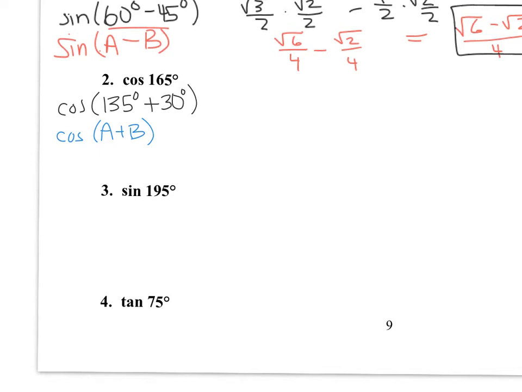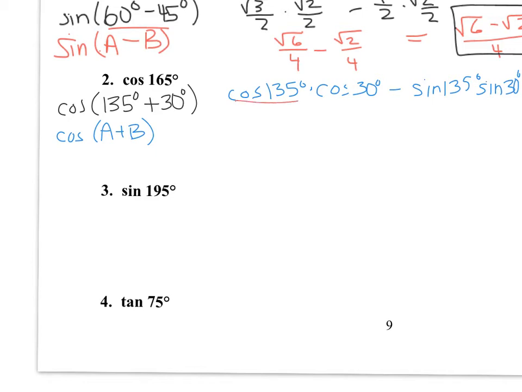So I have the cosine of A, which is 135 degrees, times the cosine of B, which is 30, minus the sine of 135 degrees and the sine of 30. So I need to evaluate the cosine of 135.